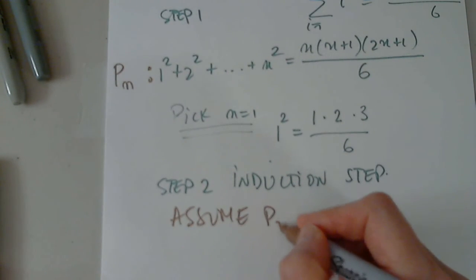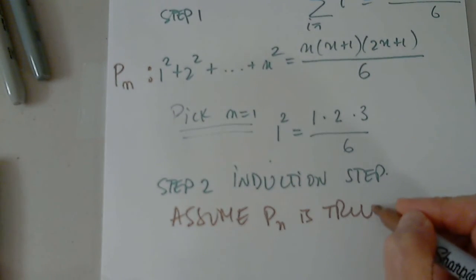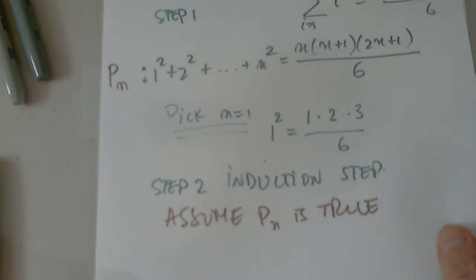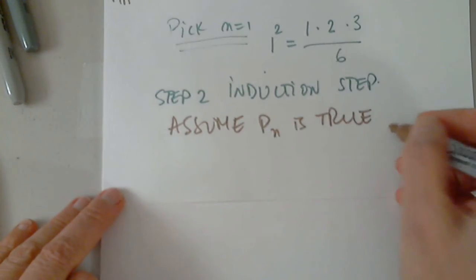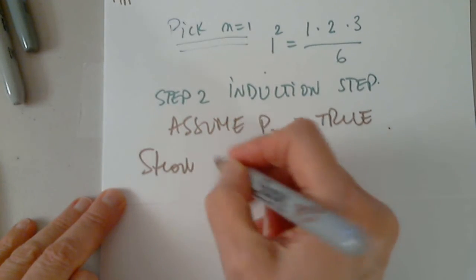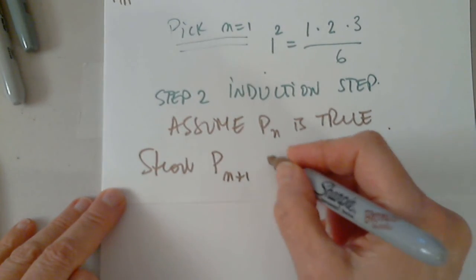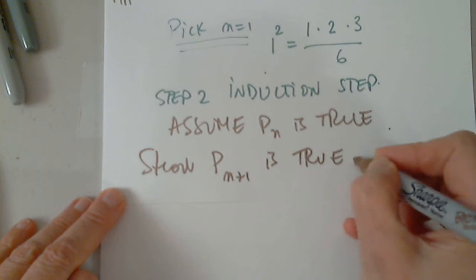Assume Pn is true. Show Pn plus first is true.